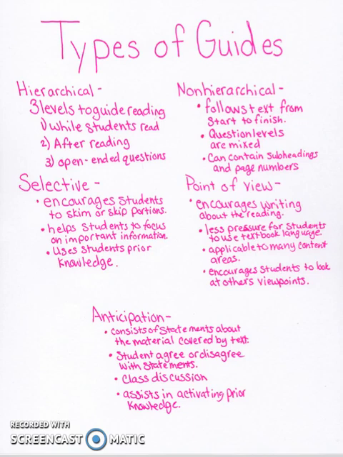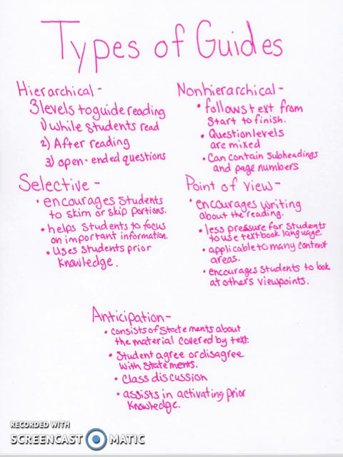Hierarchical is going to just be a mix of these questions and not telling them where to look, possibly. The question levels are mixed, so you are speaking to all different levels of students, and those that are on a lower level of comprehension, you can try to assist them with these reading guides to step it up to the next level of comprehension.